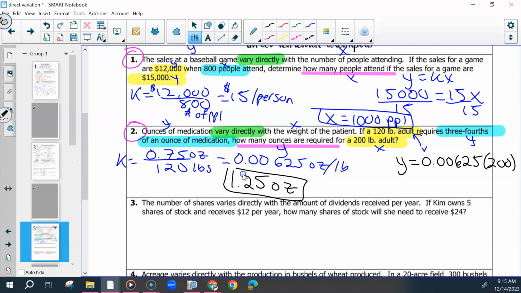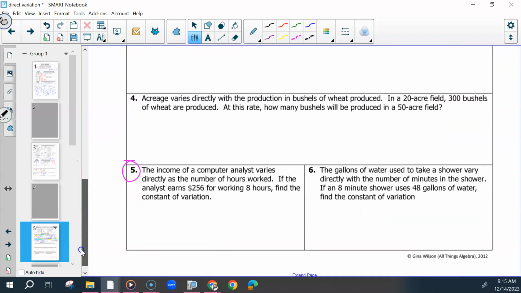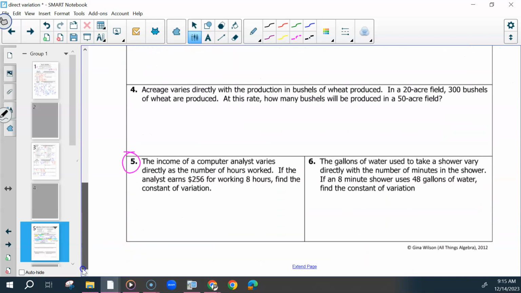Do we have any questions on how to set this up, how to solve it? Let's go down to number 5. And then I'll ask for any others you want to see to go over, and then we'll switch gears.